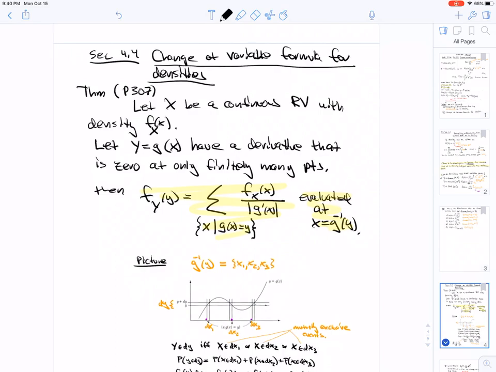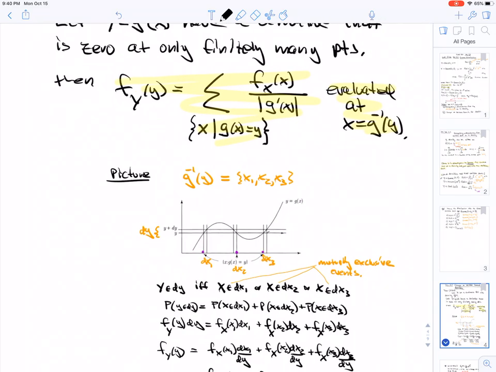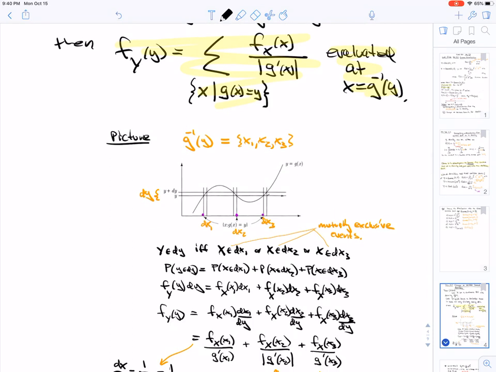And I think it's best seen by this picture here, right from your book, in fact. Here's a function that's 3 to 1.